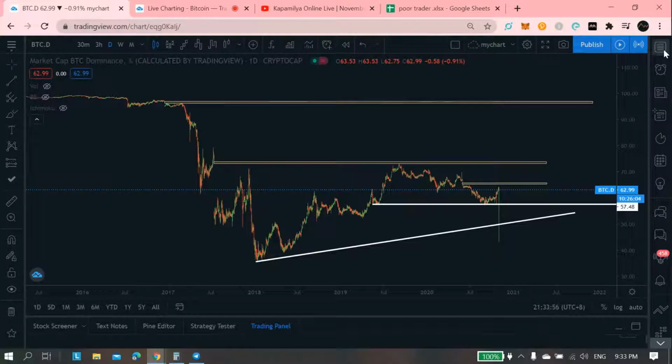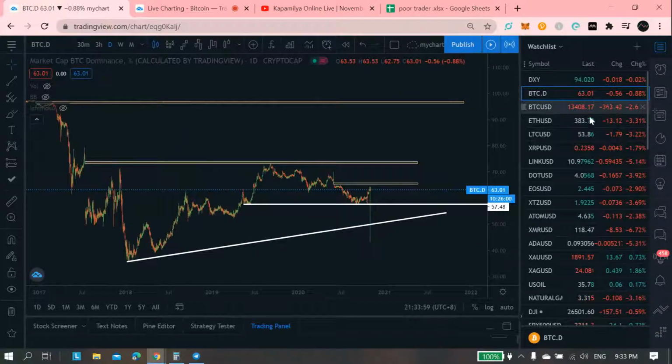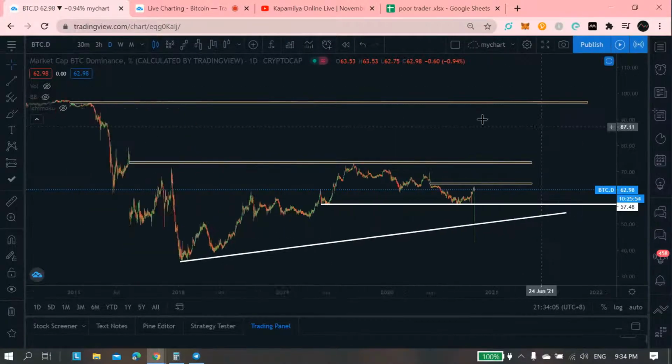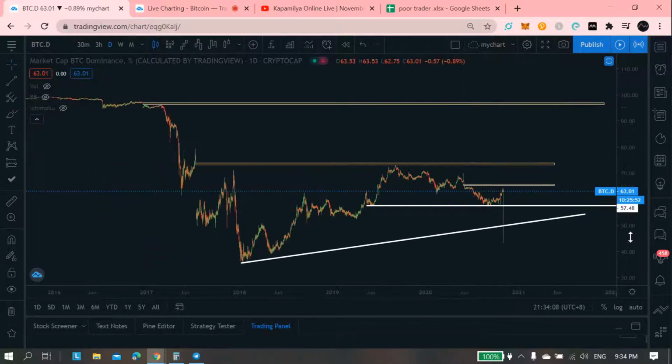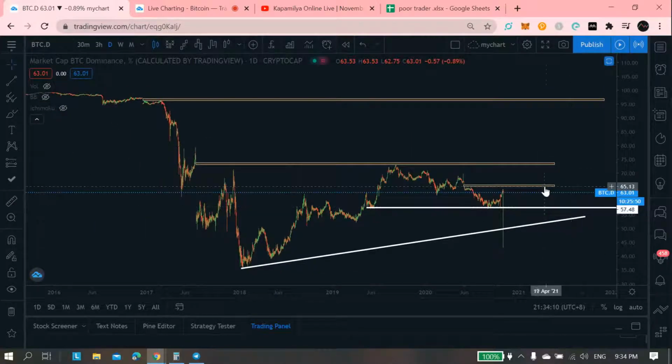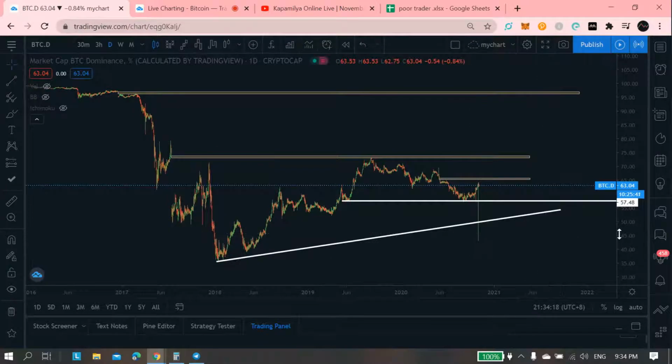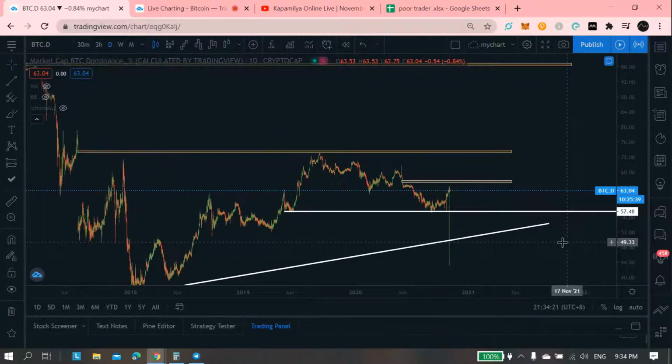So it means that BTC is trending back higher. Anyway, so this is the BTC dominance. There are 3 gaps around this 66 area, 74, and the 97 area. But currently it's now at the 63 area.